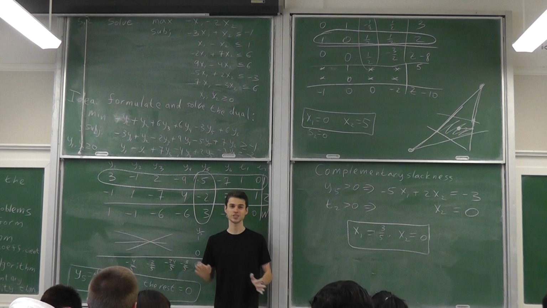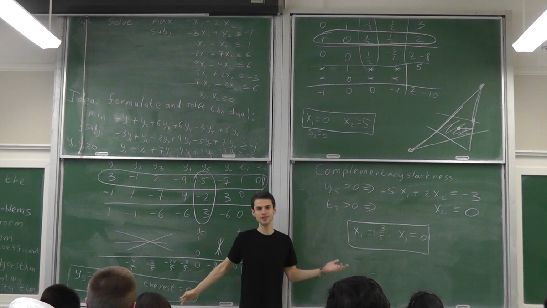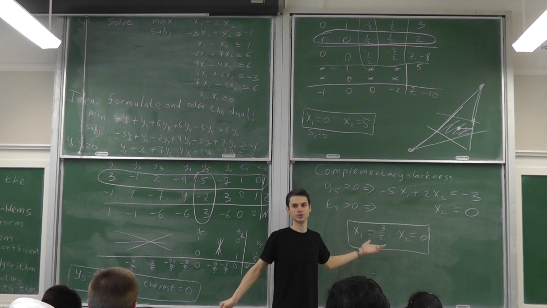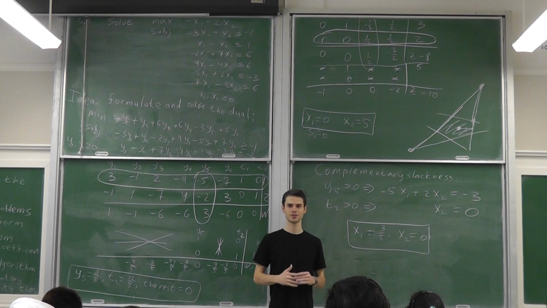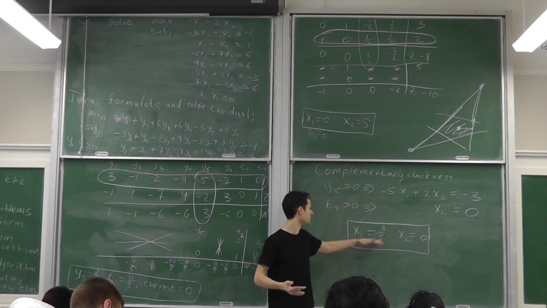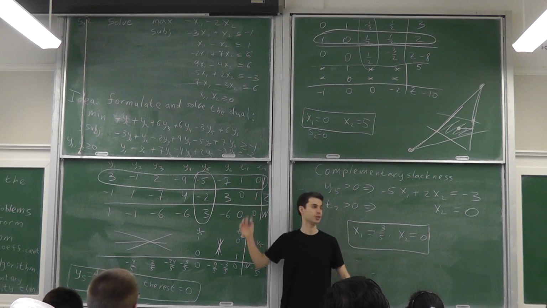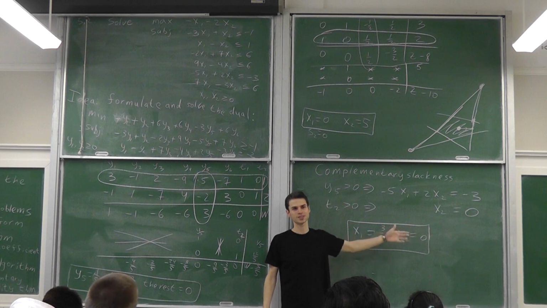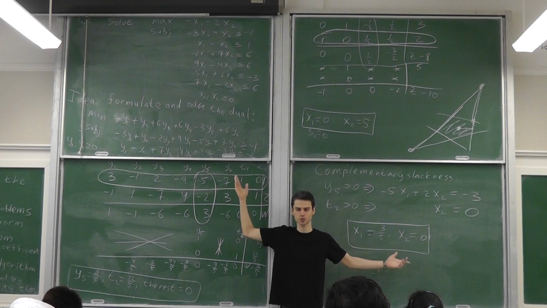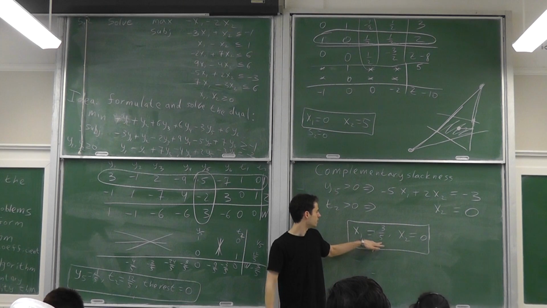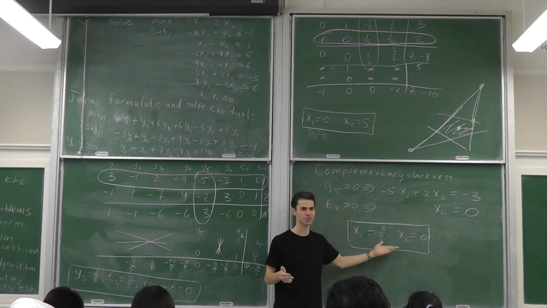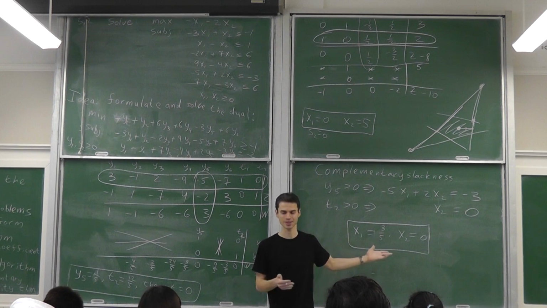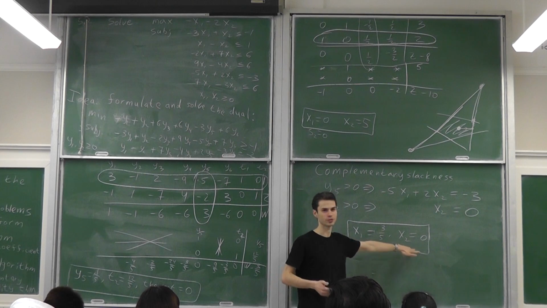And provided that we didn't make any mistake in between, this must be a feasible optimal solution to the primal problem. If we were to check it, we would check feasibility. Basically, we already checked complementary slackness. We just have to check feasibility. Maybe a simple test in between is to compute the value of the objective function.